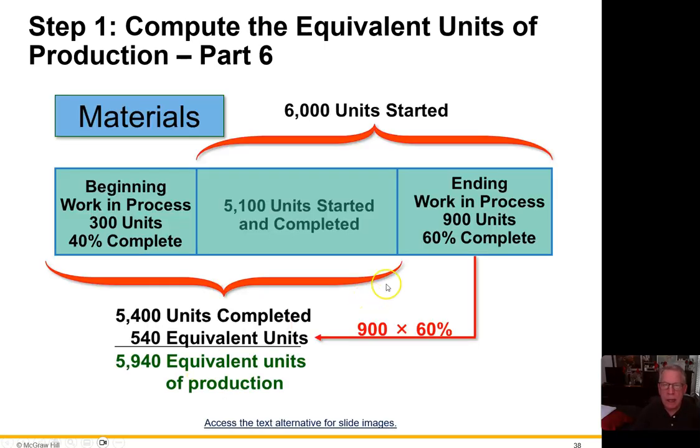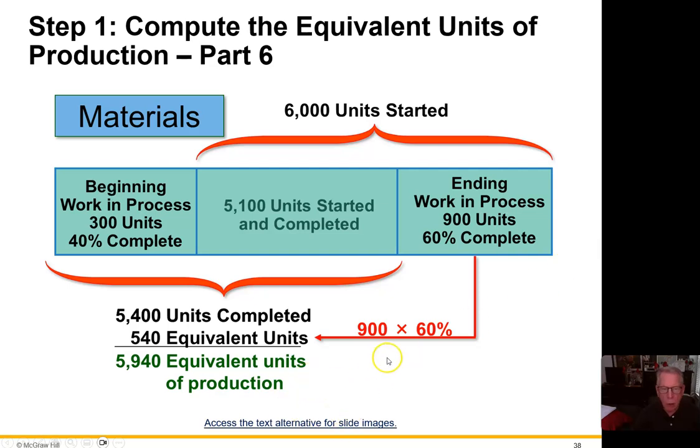Okay, now the equivalent units of production for materials. Here, we're going to start with beginning work in process of 300 units that was 40% complete, 5,100 that was started and completed, and then our ending work in process, which was 60% complete.